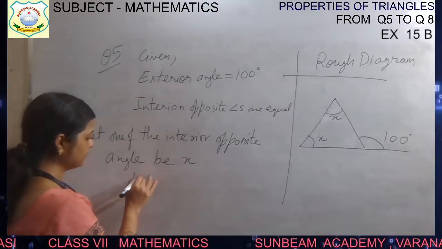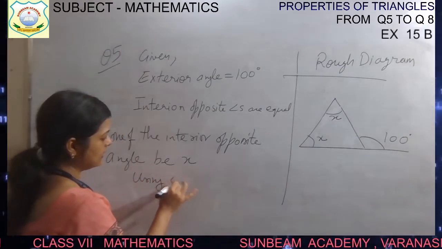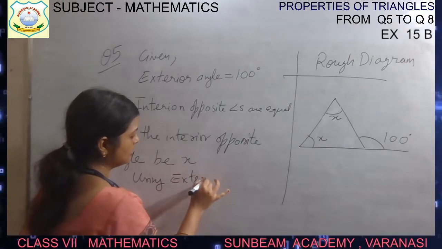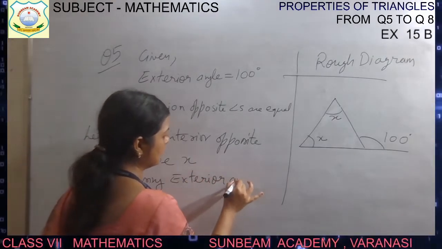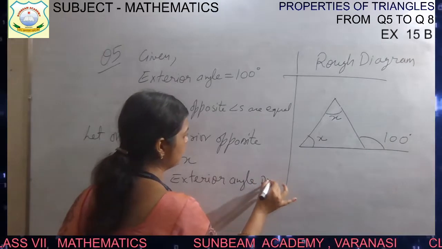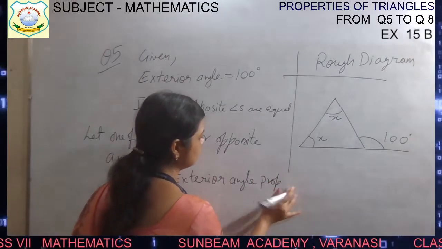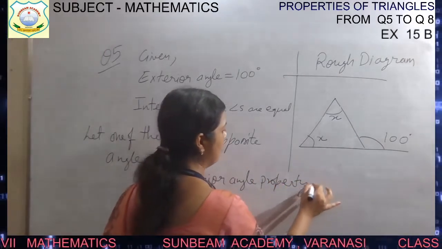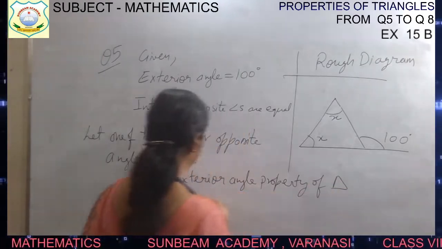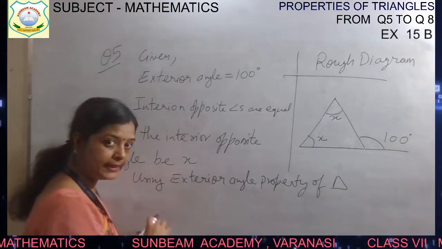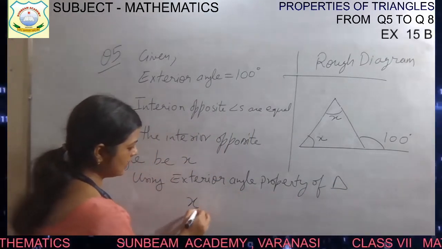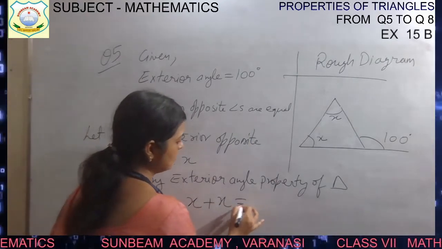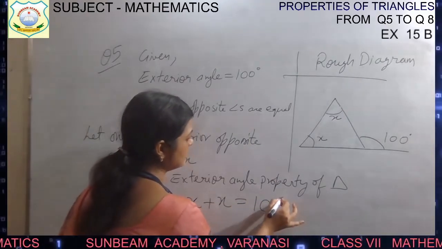Using exterior angle property of triangle, the sum of interior opposite angles, x plus x, will be equal to its exterior angle.